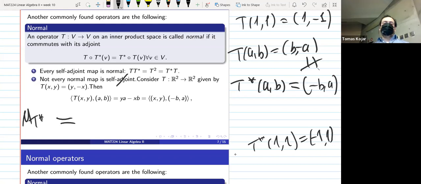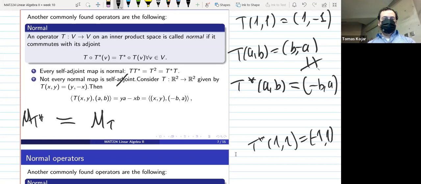What's the matrix of the adjoint in terms of the matrix of T? What's the relation we proved? Anybody?